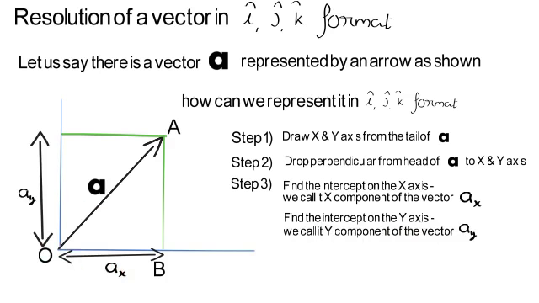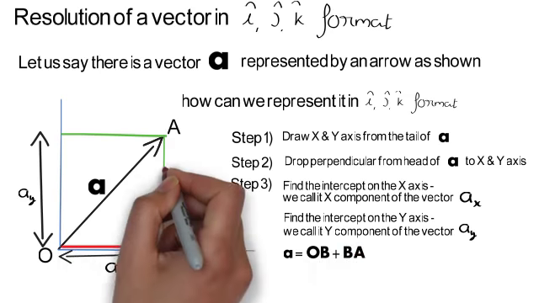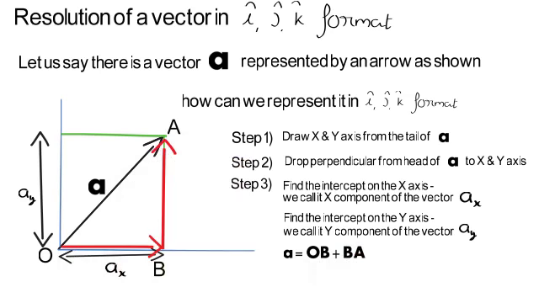Now, if you look here, there is a triangle OBA, and in this triangle, it is very easy for us to say from the triangle law of vector addition that vector A is equal to vector OB plus vector BA, where this is the OB vector and this is the BA vector. OB vector is nothing but AX i cap, because the magnitude of OB is the same as AX, and BA vector is nothing but AY j cap, because the magnitude of BA is AY.